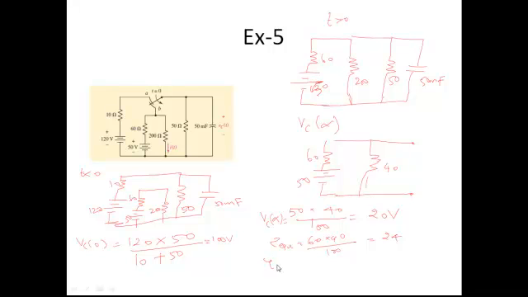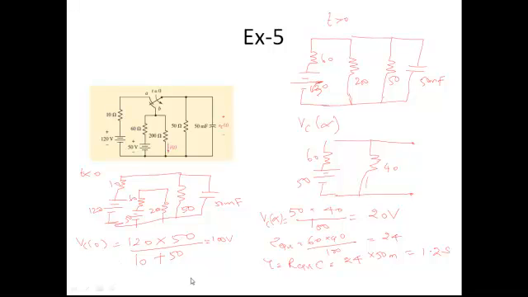Therefore, tau is equal to R equivalent into C, which equals 24 into 50 millifarad, which equals 1.2 seconds. So you got the answer for tau, you got the answer for Vc of infinity, and you got the answer for Vc of 0.